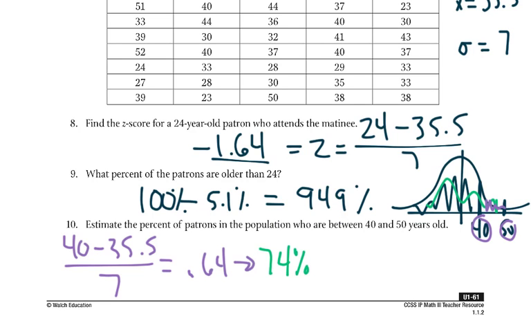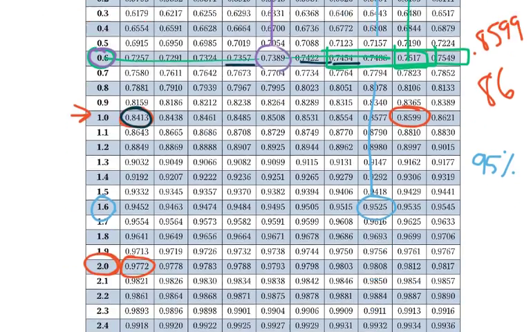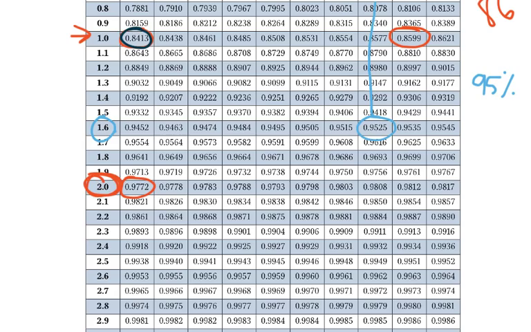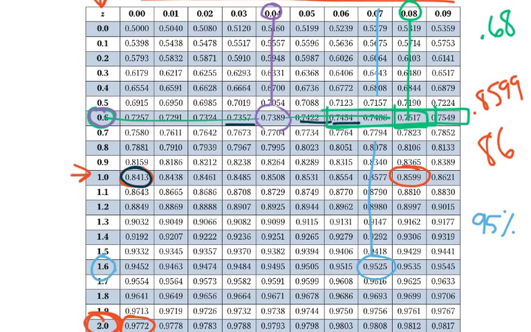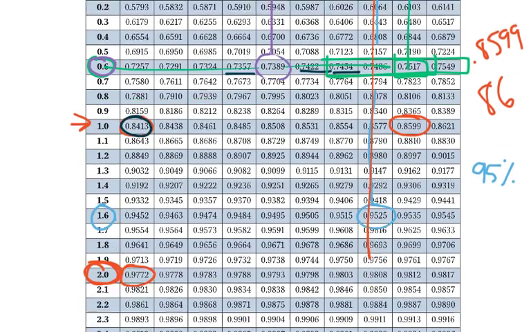Okay. Then we do it for the 50, so 50 minus 35.5 over 7. Okay, find that z-score, which is 2.07. So we go to 2.0, and then 7 is clear down here.